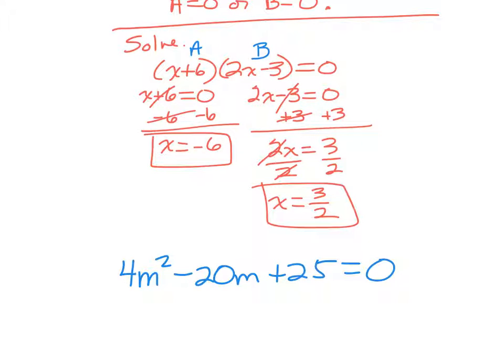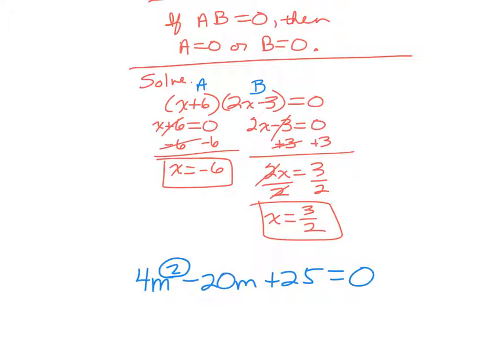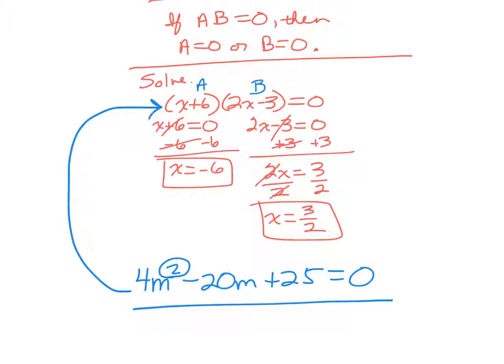That's a quadratic equation because the biggest power is 2. Fits the definition. And our strategy for solving it, here's what we're going to try to do. We're going to try to make this equation look like that equation.